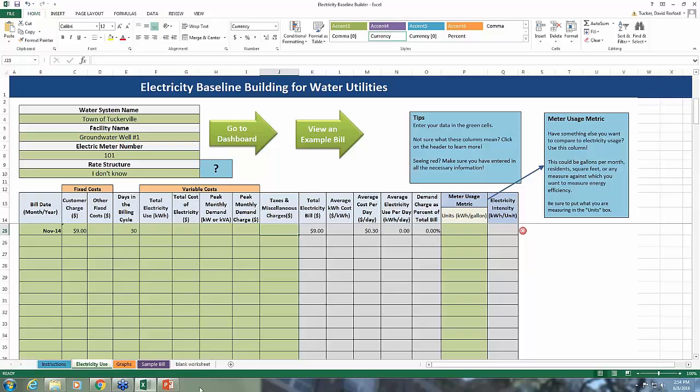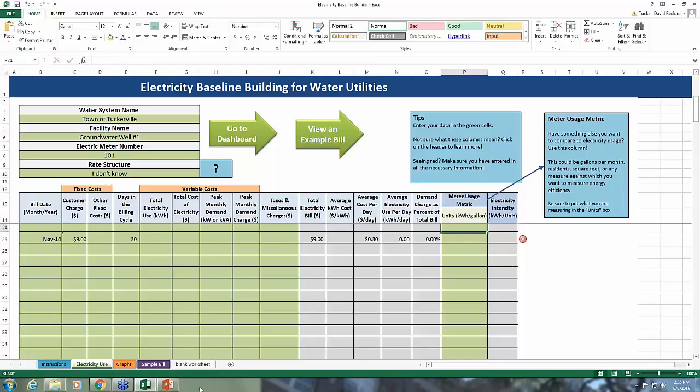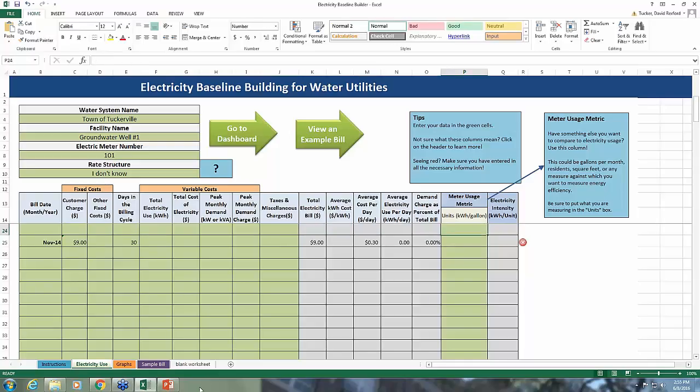Well, thank you, Laura. That's a great question. As I was saying before, we are open to customizing this tool further if there are things that are going to be commonly of interest to the water systems that use it. In terms of what we have available currently, this cell here, P14, you can specify what the meter usage metric is.